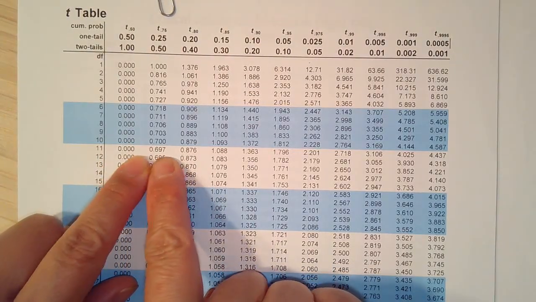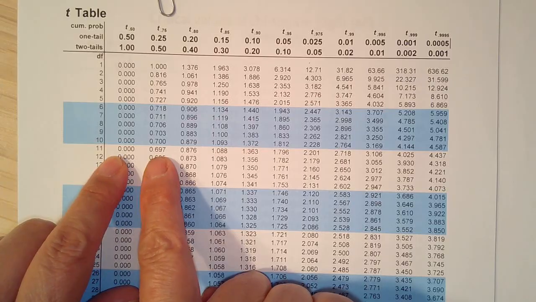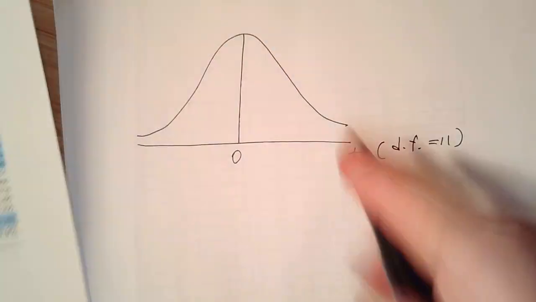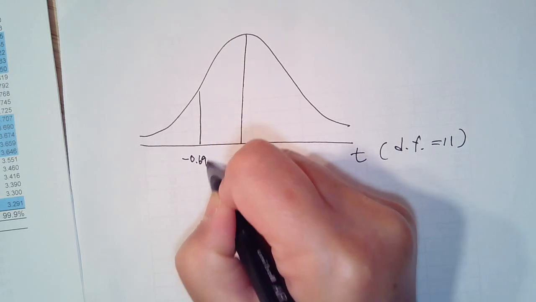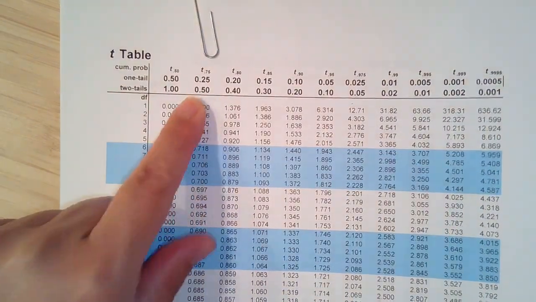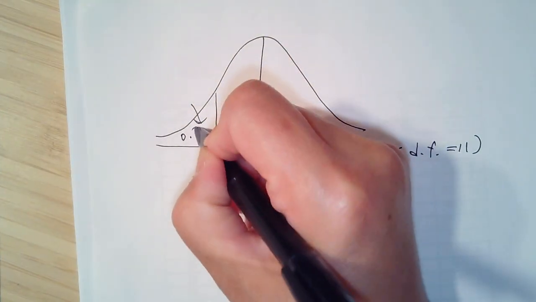They only have here, the 0.29 is between 0 and 0.697. What is the 0.697? Here is 0.697, and that tail area is one tail, that's 25%, so it's 0.25.